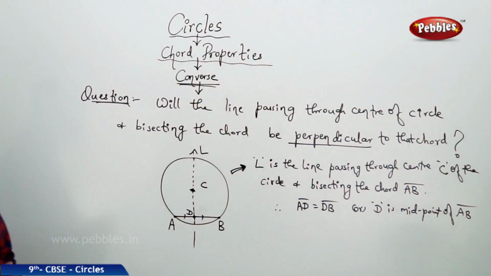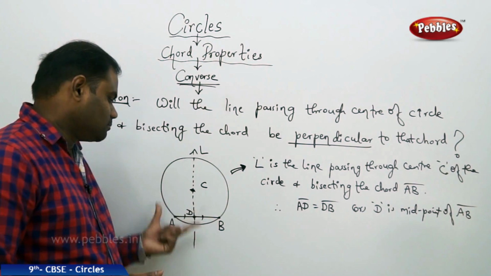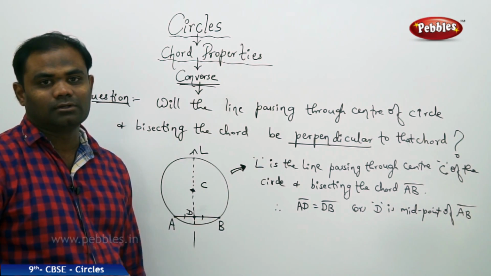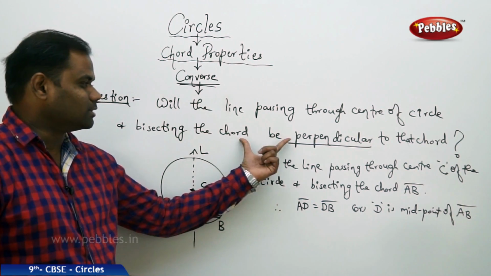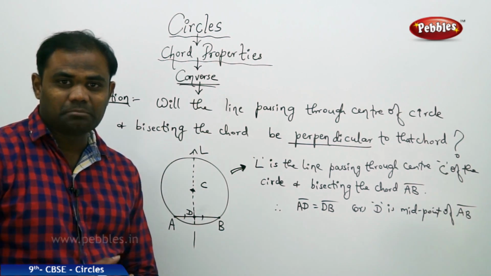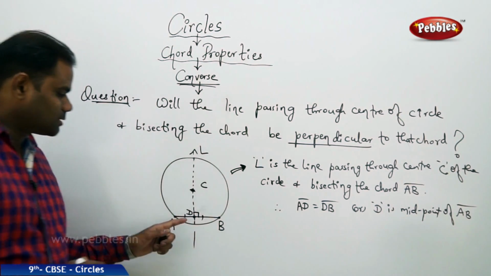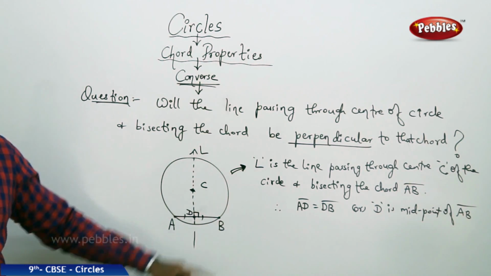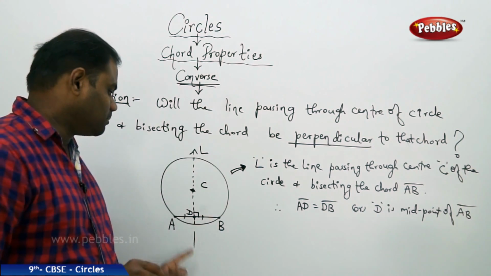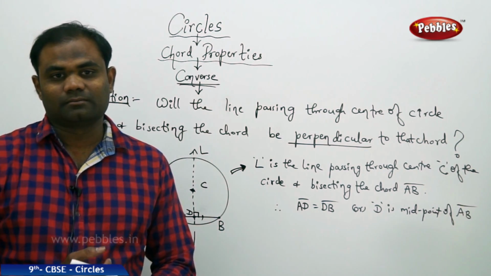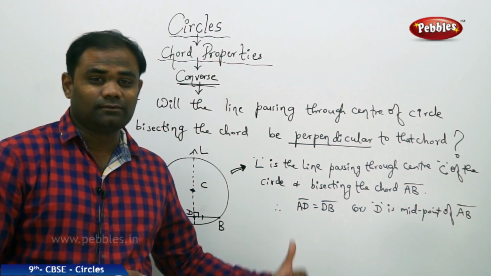Now, the converse says that this line must be perpendicular to the chord. So the answer to my question is yes. If a line passes through the center of the circle and bisects the chord AB, then the line must be perpendicular to the chord AB, is how we understand the converse.